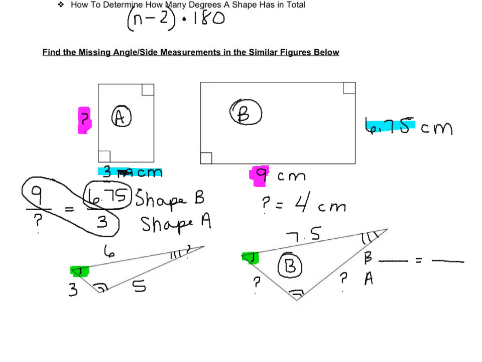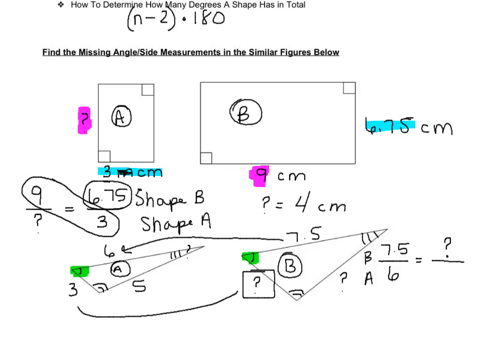All right, and I am going to start by solving for that side length, the question mark that I just boxed. I know that 7.5 corresponds to 6. Then on shape B, I'm trying to find the question mark, and that corresponds to 3.